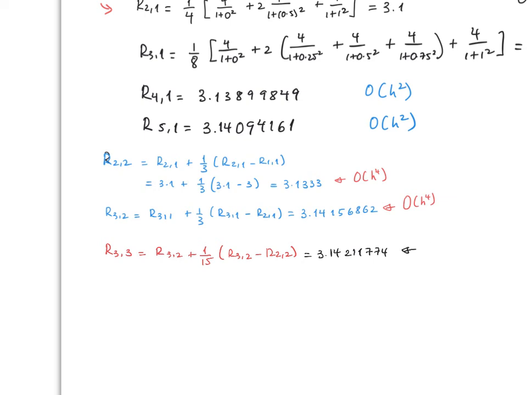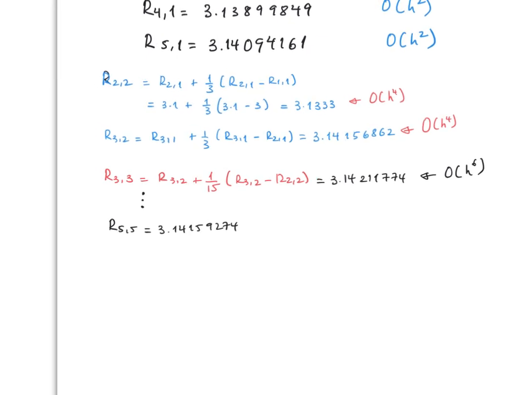And remember, this is precision of big O of h to the 6. Now if you keep going and you find R55, this is actually equal to 3.14159274, which is very close to the value for pi.